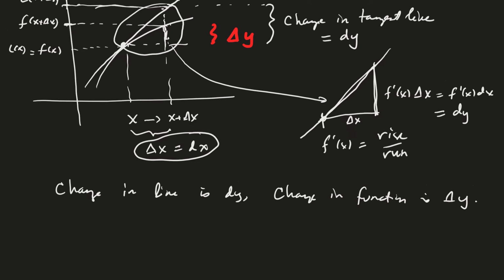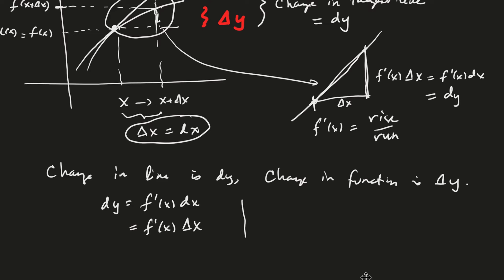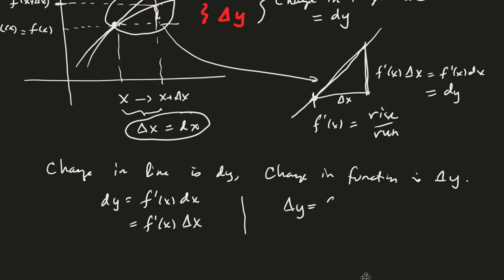Okay, and so again, remember dy can be computed as f prime of x dx, and we always let dx be equal to delta x in our examples, while delta y is f of x plus delta x minus f of x.